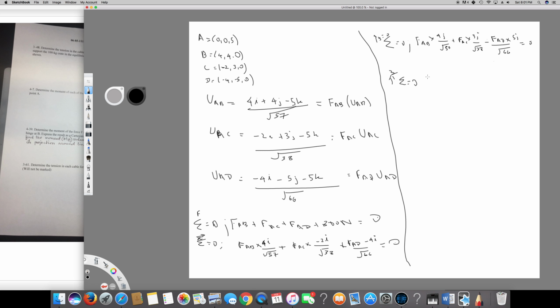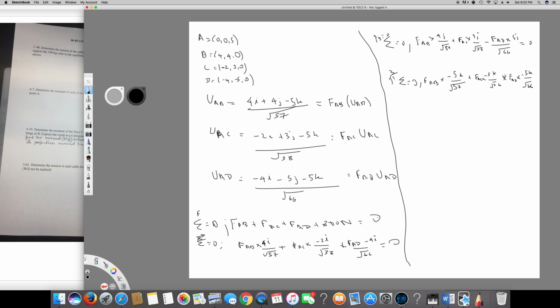First it's FAB times negative 5k over square root of 57, plus FAC times negative 5k over square root of 38, and the third one is FAD times negative 5k over square root of 66.